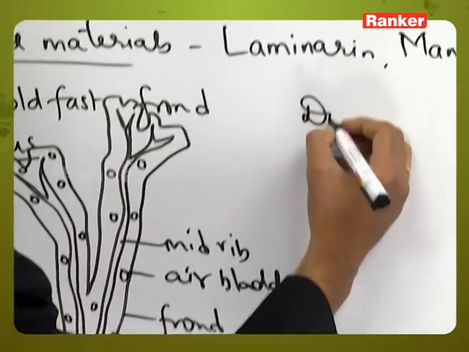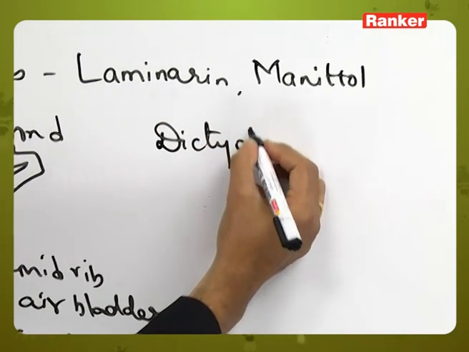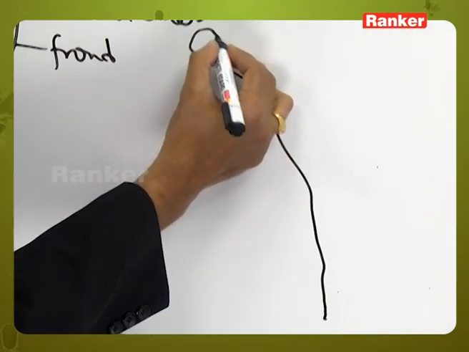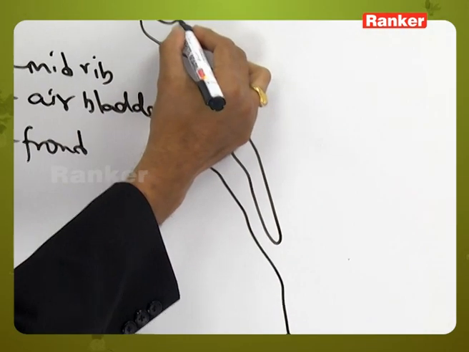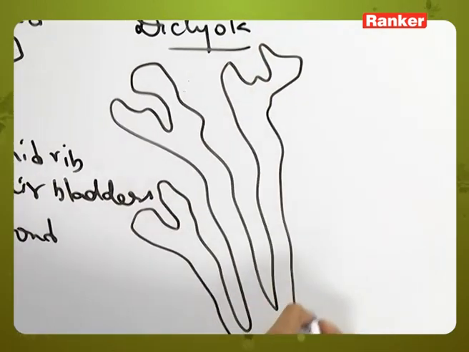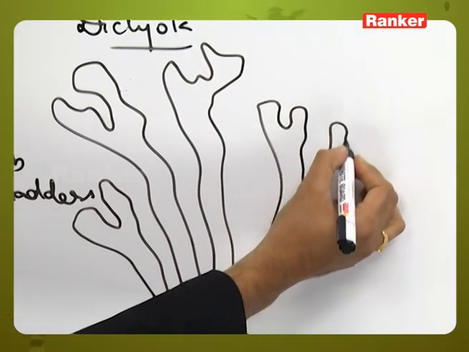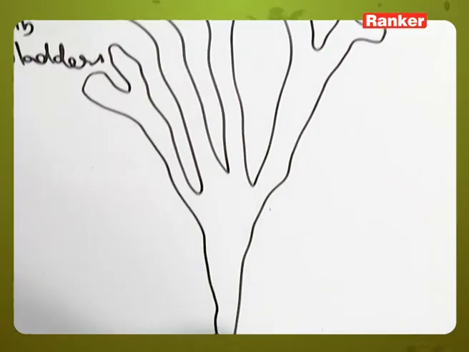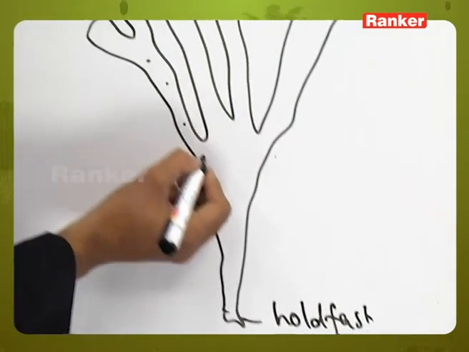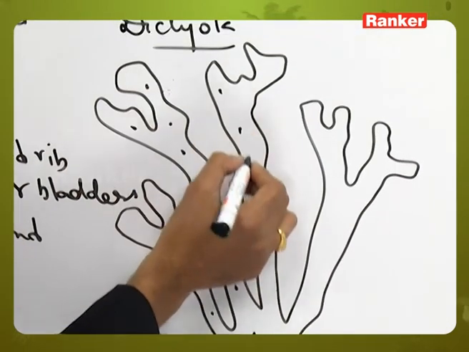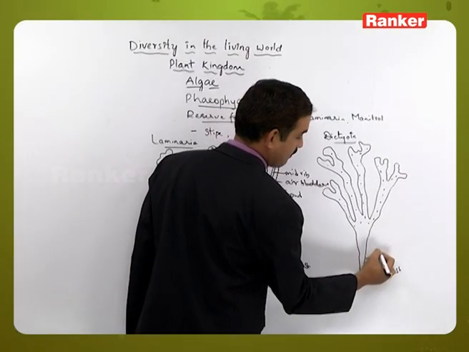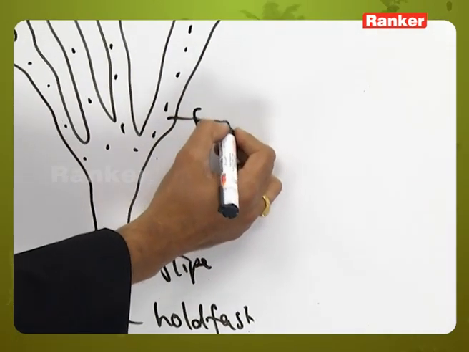Then in members like Dictyota, here also we can see similar organization with many branching structures, the frond-like organization with hold fast, with a stipe and fronds.